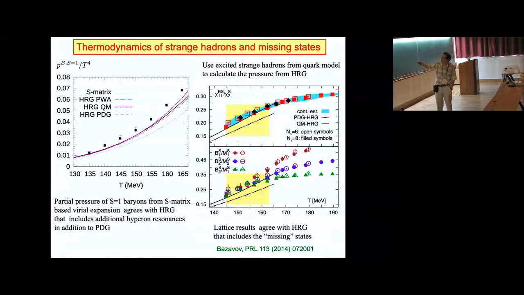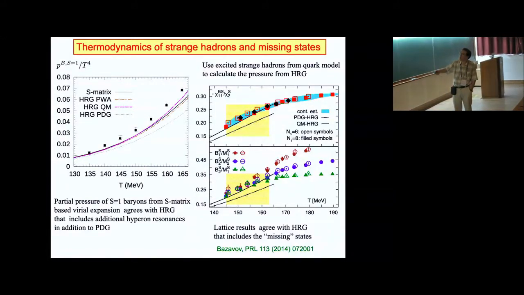However, it's mostly because this partial wave analysis has more resonances than the PDG. So if you just use a simple Hadron Resonance Gas approximation, but now with the resonances contained in this partial wave analysis, you get essentially the purple line, which agrees very well with the black line, the full analysis using the virial expansion and the S matrix.